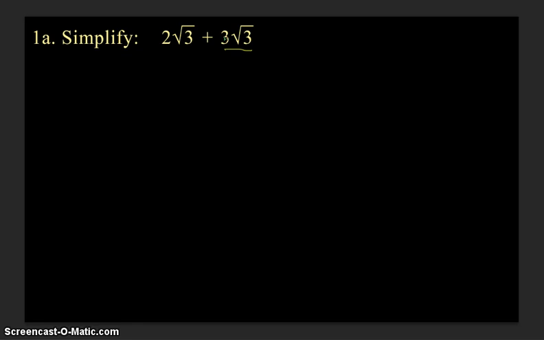Okay. So, since magkapareho sila ng indices, so pag walang nakasulat, ibig sabihin siya ay 2 or square root. And then yung radicand natin ay 3 at 3. So, like radical sila.